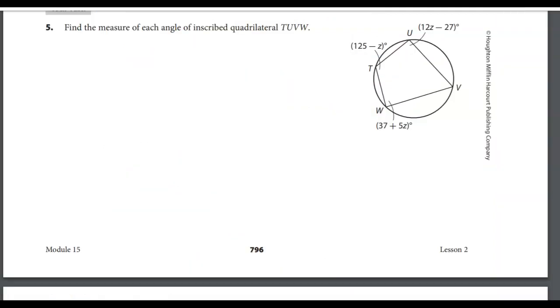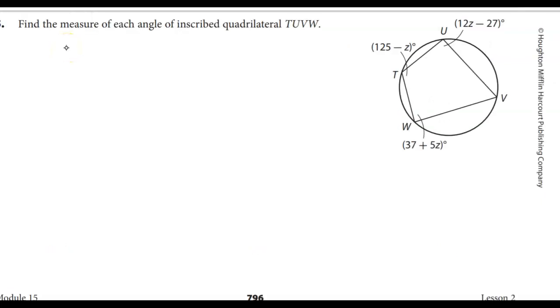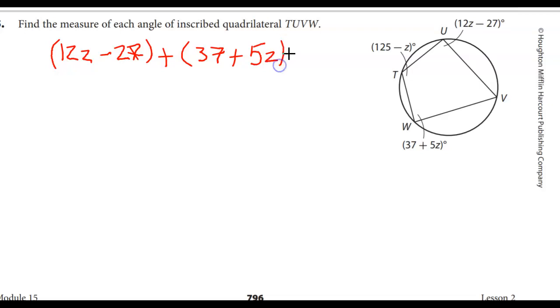Let's work with what we know. We had 12z minus 27 plus 37 plus 5z equals 180.